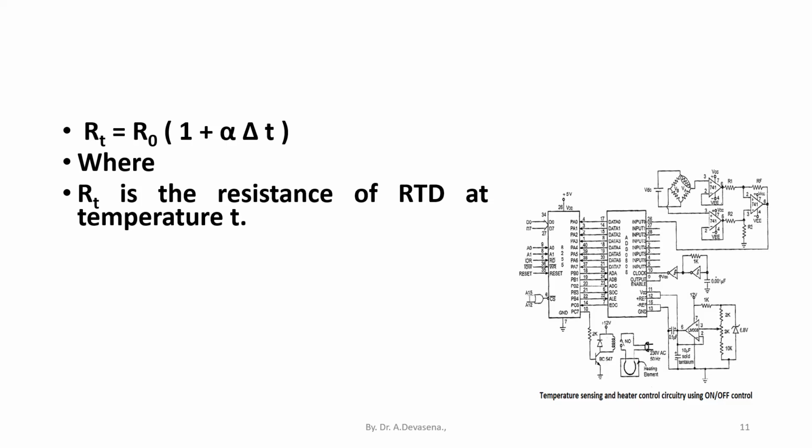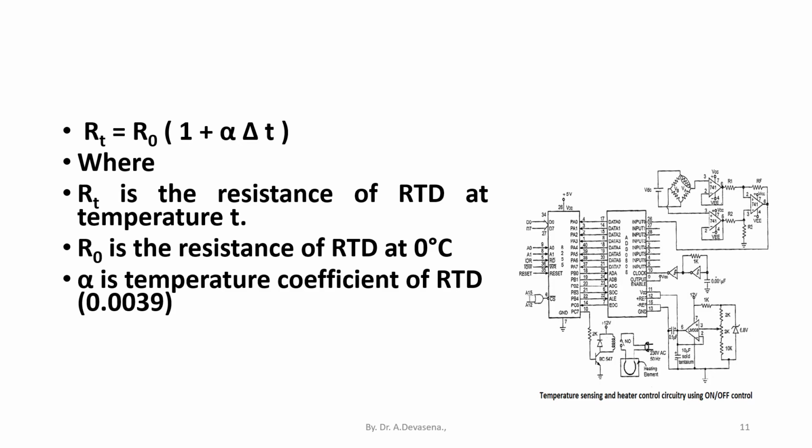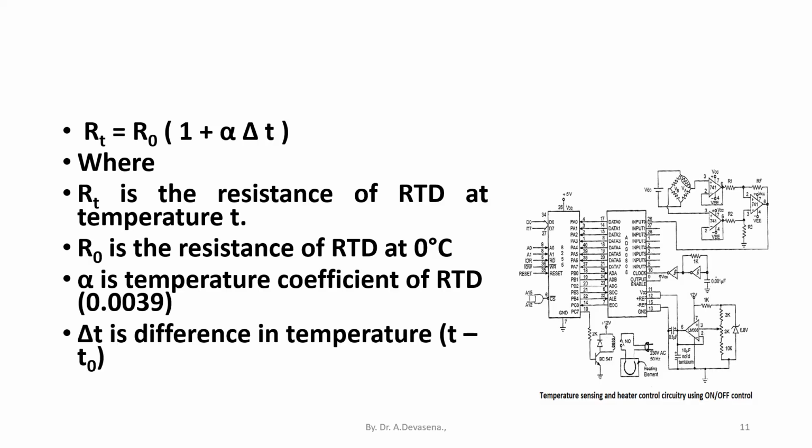Its value is 0.0039. R0 is the resistance of the RTD at 0 degrees Celsius. Delta T is the difference in temperature, that is T minus T0.